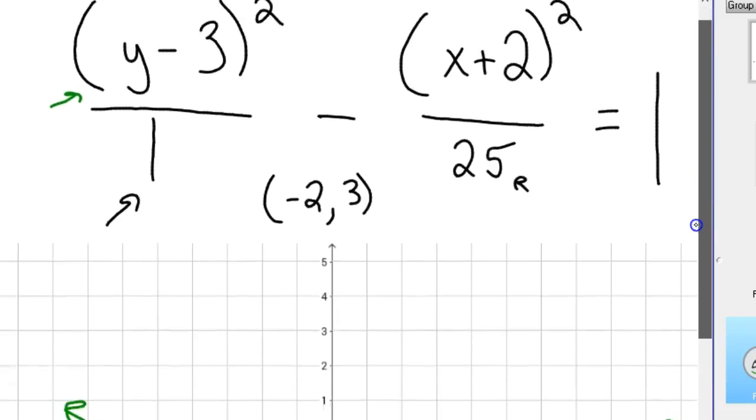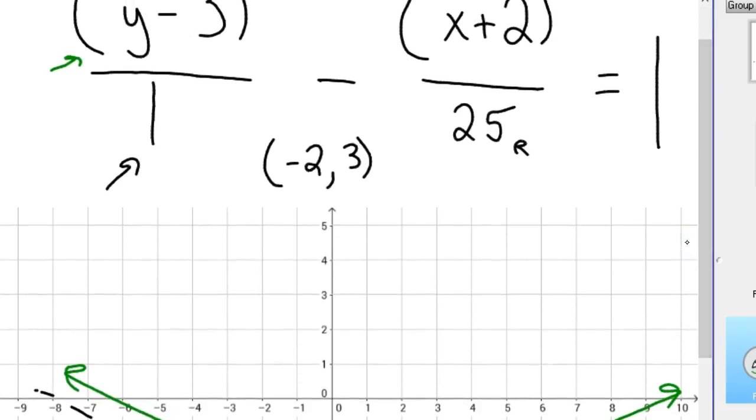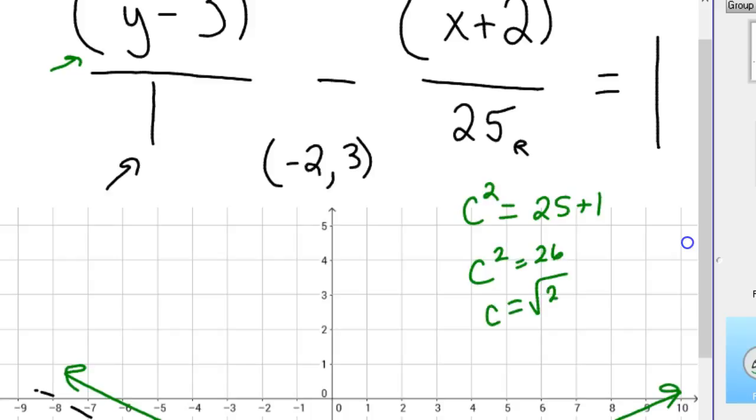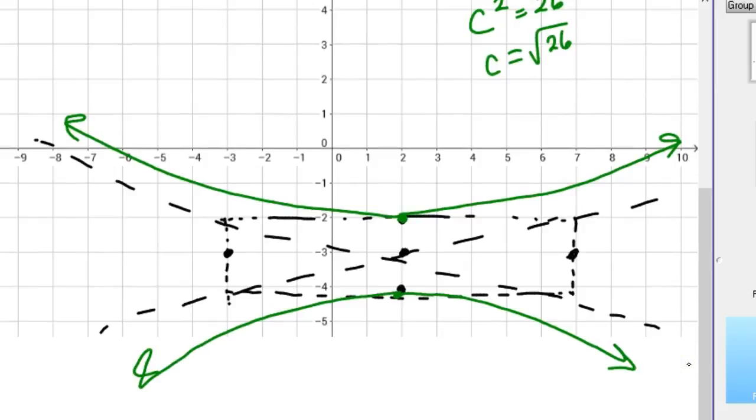We need our foci, which you take c squared equals 25 plus 1. So c squared equals 26. C is equal to the square root of 26, which is about 5.1-ish. If you do, you know the square root of 25. So I'm going to go from my center up 5.1.